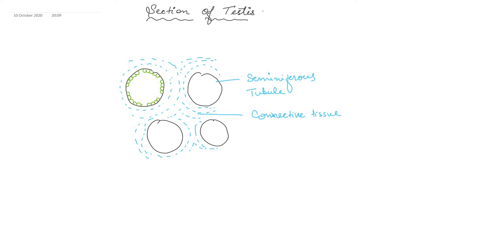The second type of germinal epithelium is conical cell, cone-like structure.